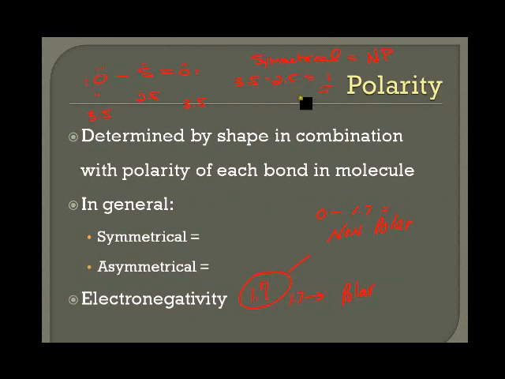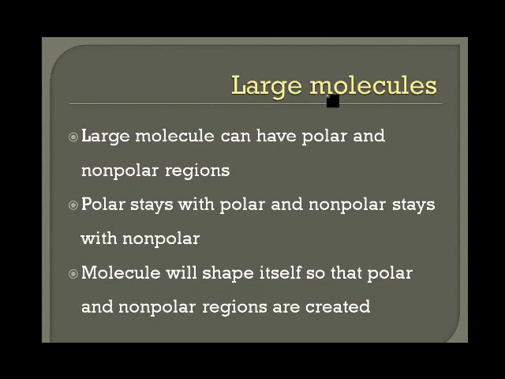Another note on polarity: make sure that you pay attention to your polar bear and penguins comic book reading. Large molecules can have polar and nonpolar regions. One of the most common examples is our cell membrane.